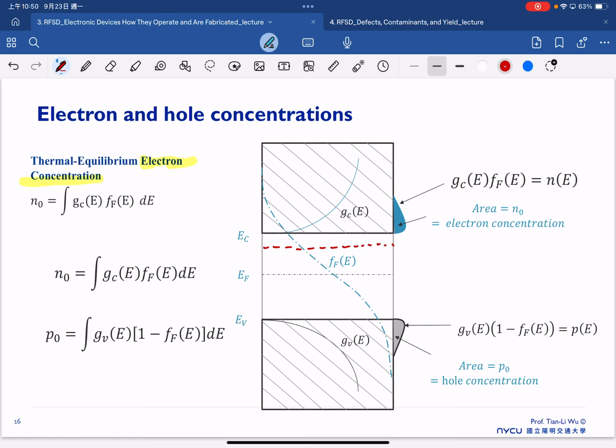If this is our EF, this is still our Fermi-Dirac probability distribution function. Once EF moves upper, our distribution function will also move upper, right? So now we have a new distribution function.